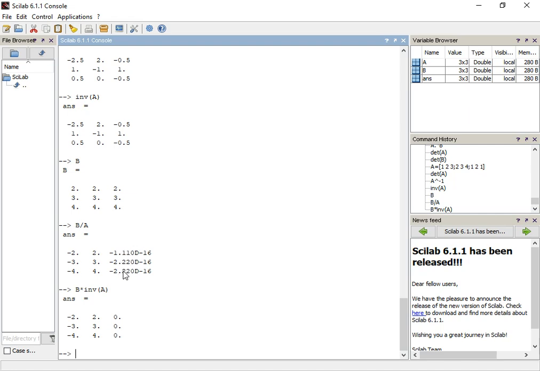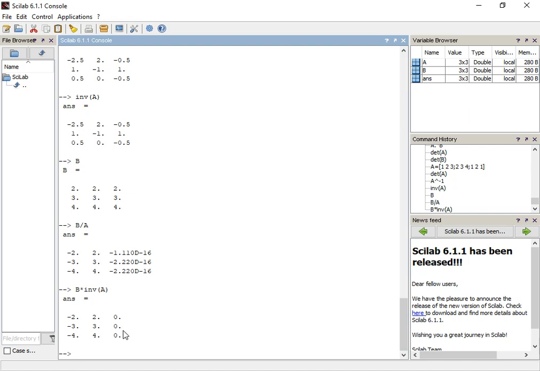So here you are getting value 0, but not exactly, and here you are getting the exact value 0, but you know that these two entries are roughly same. Okay, so this is to obtain matrix B times inverse of A.